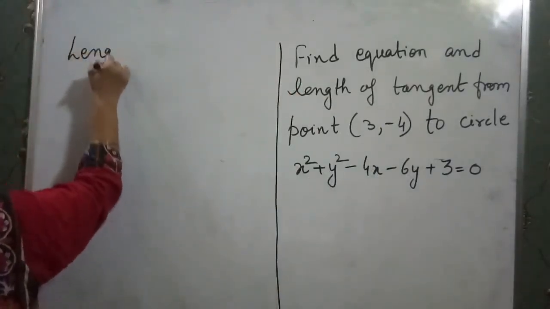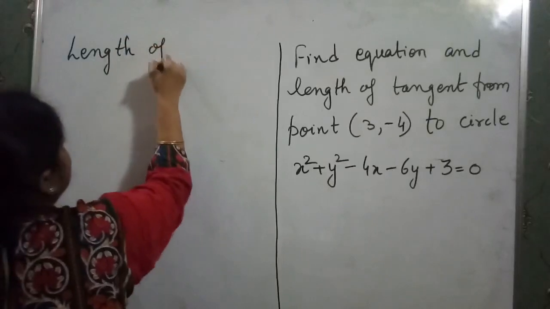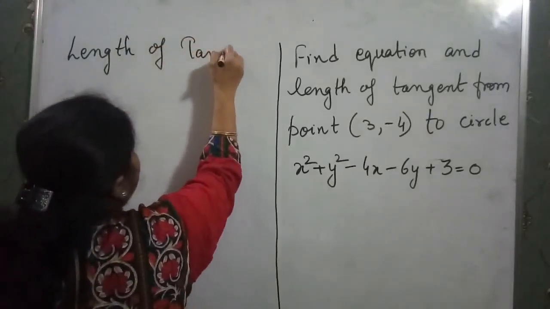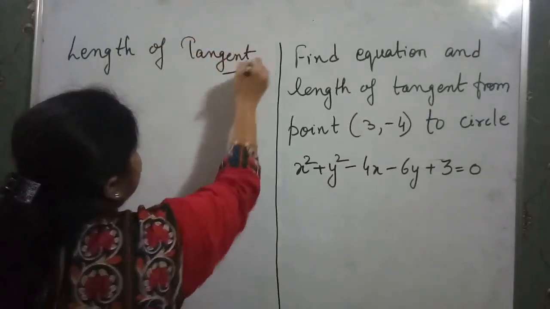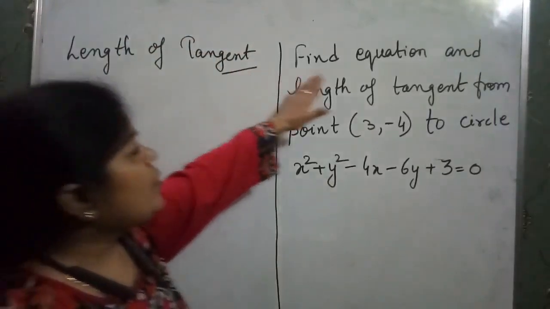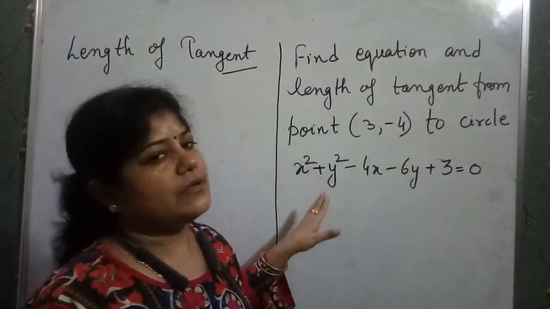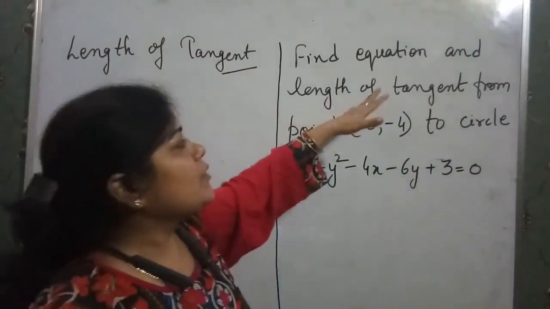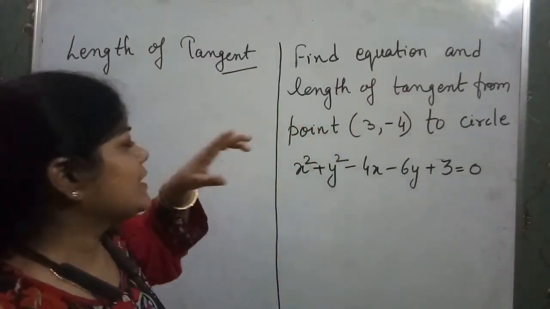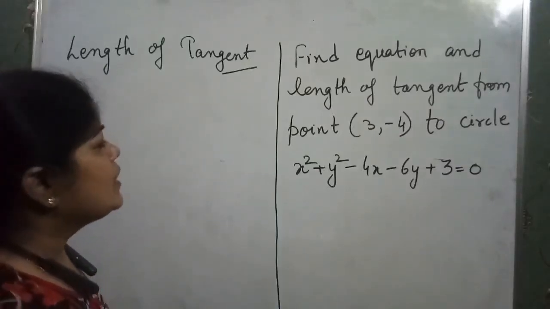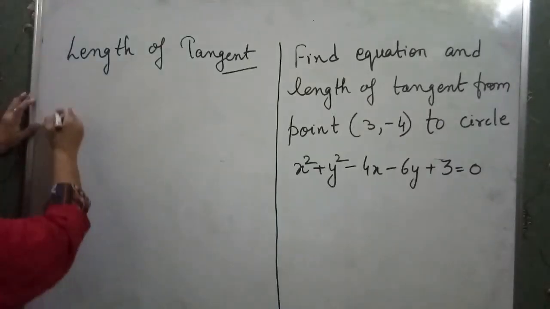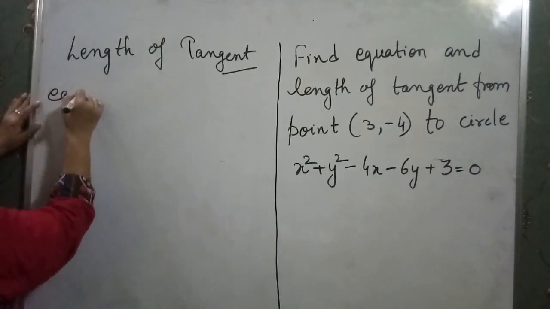With the help of this question, I am going to explain the concept of the length of a tangent. Find the equation and length of tangent from this point to the circle. I again take the equation of tangent question so that the concept is clear to you. Firstly, we find the equation of tangent.